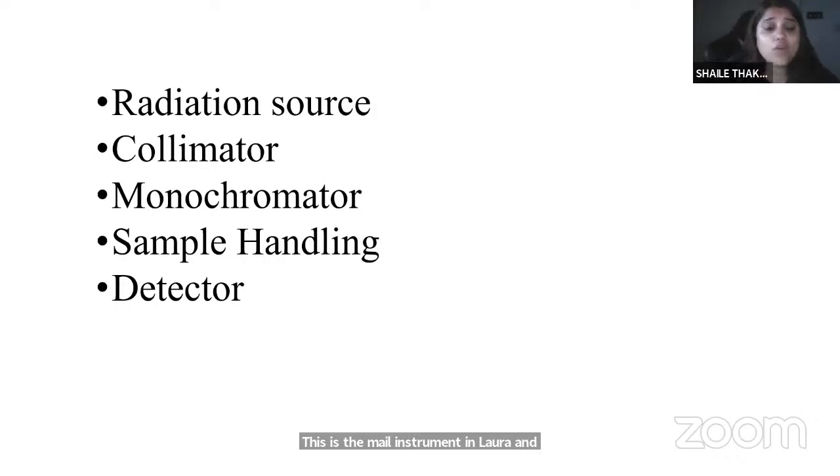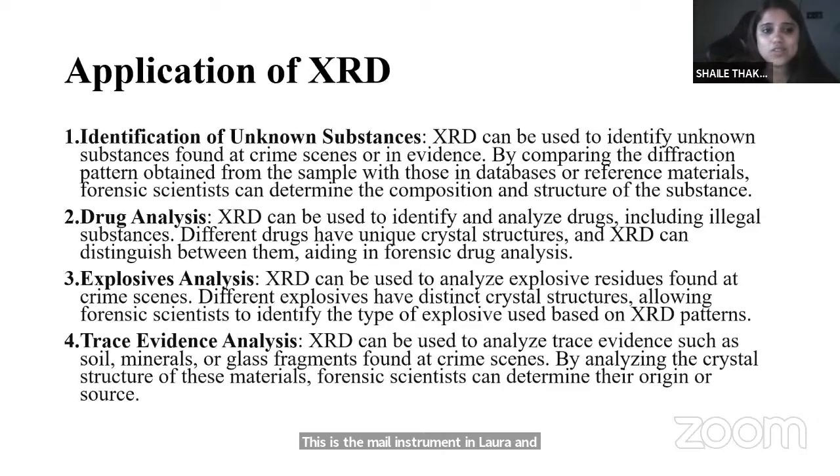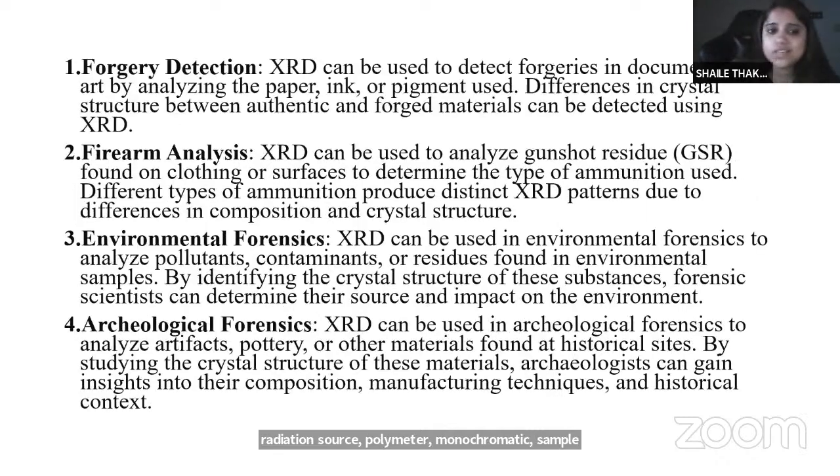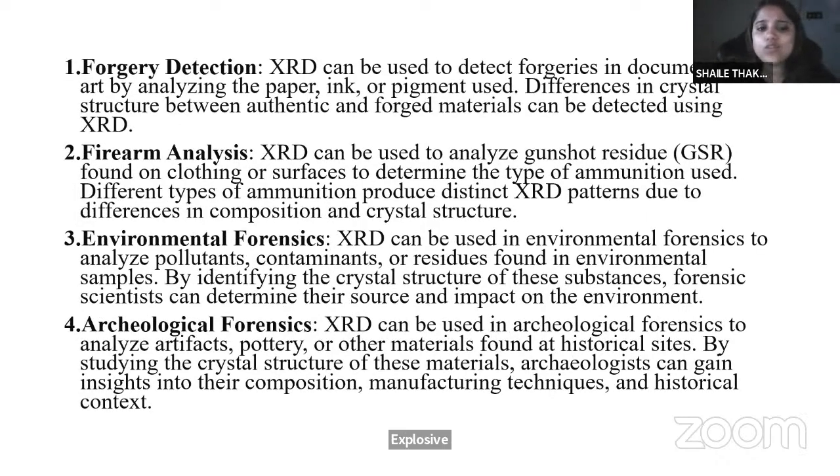And it contains the following components: radiation source, collimator, monochromator, sample handling, then detector. Okay. And the application of XRD is identification of the unknown sample, drug analysis, explosive analysis, trace evidence analysis, right? Then archaeological forensics and, of course, environmental forensics to analyze the heavy metals, right?